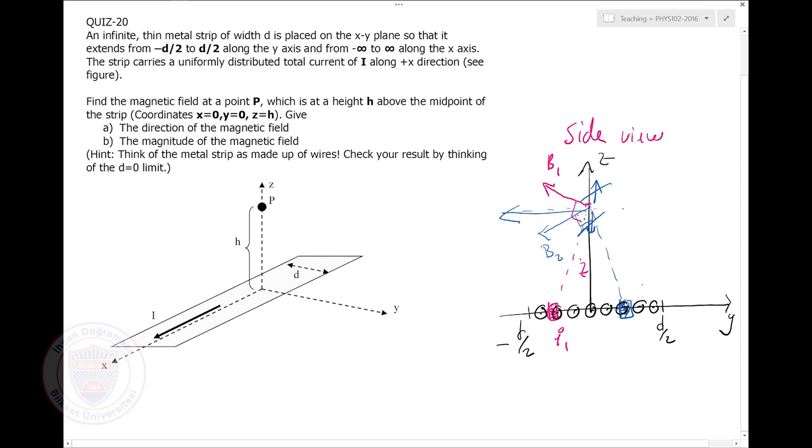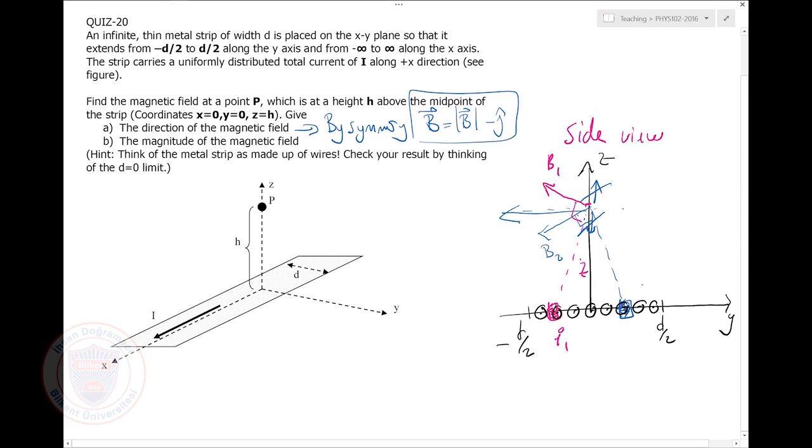I could, without giving all this argument, just say by symmetry, B is B magnitude times minus j hat. But it's good to think about this argument.